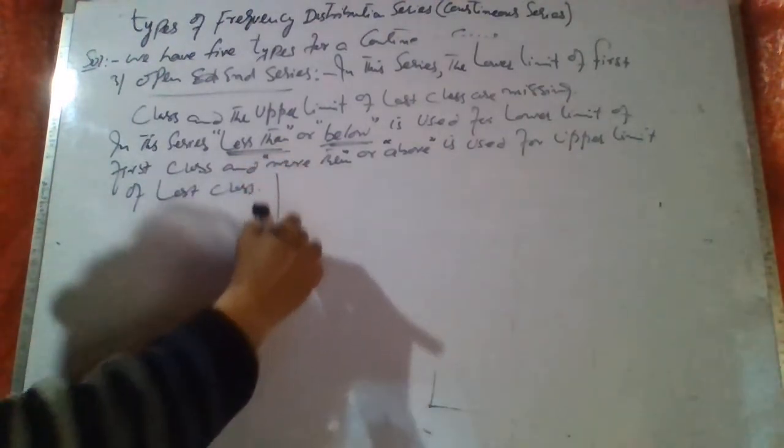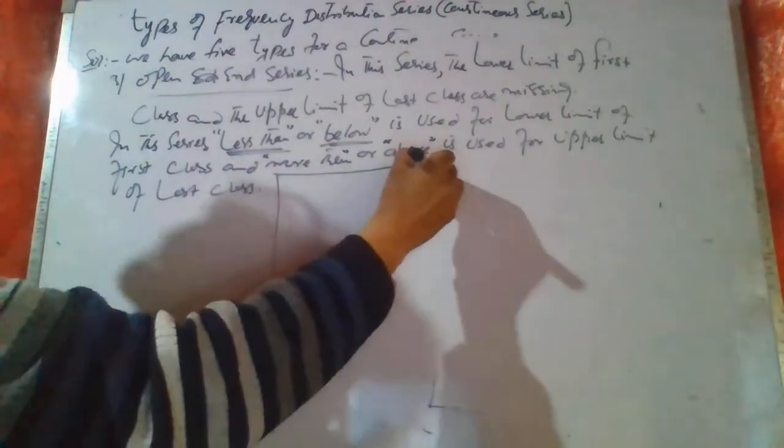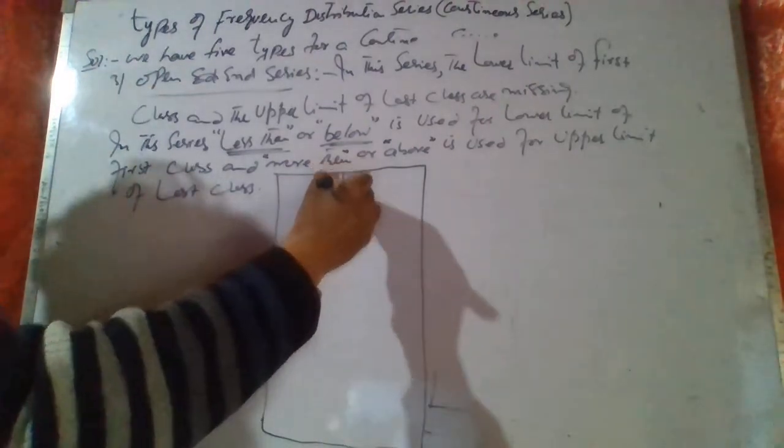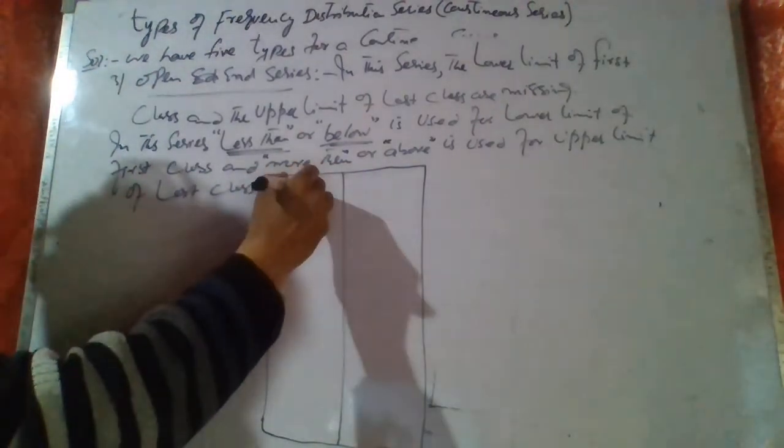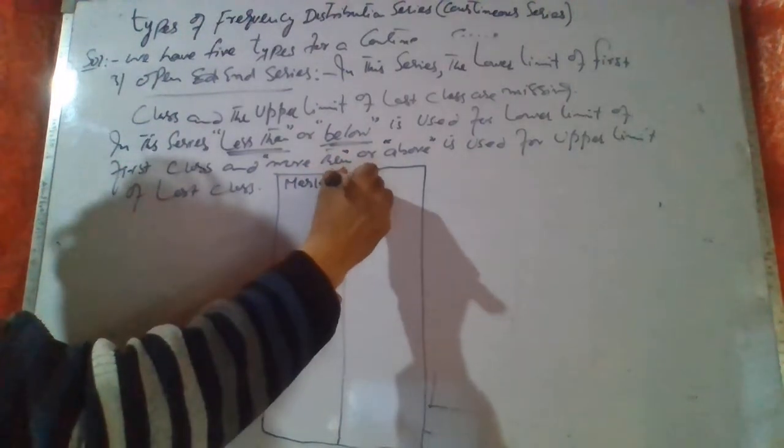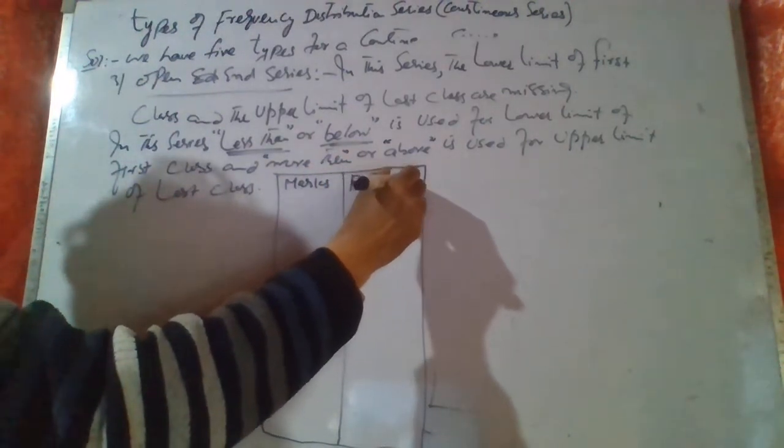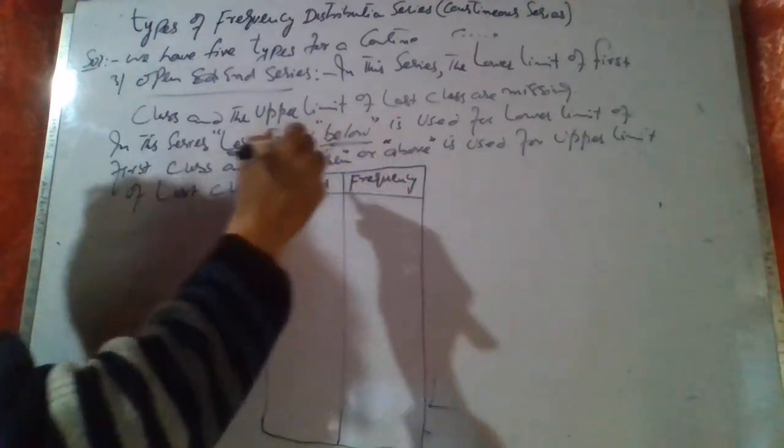Thus, we can give a simple example for this. In this series, less than or below is used for the lower limit of the first class, and more than or above is used in place of the upper limit of the last class. Example: marks and frequency.